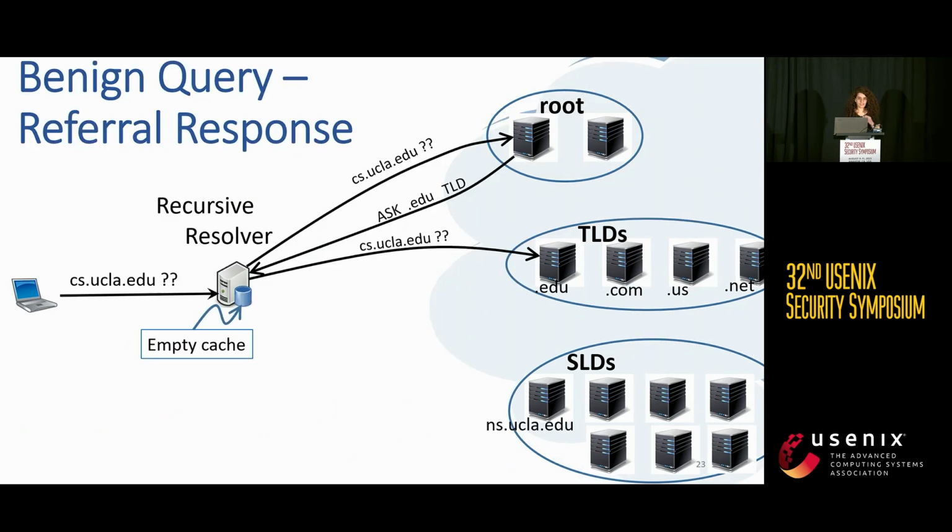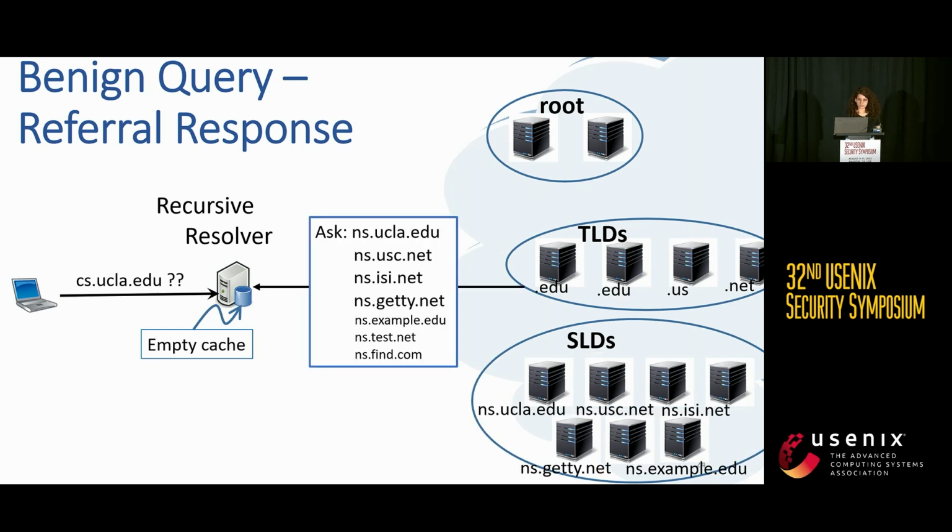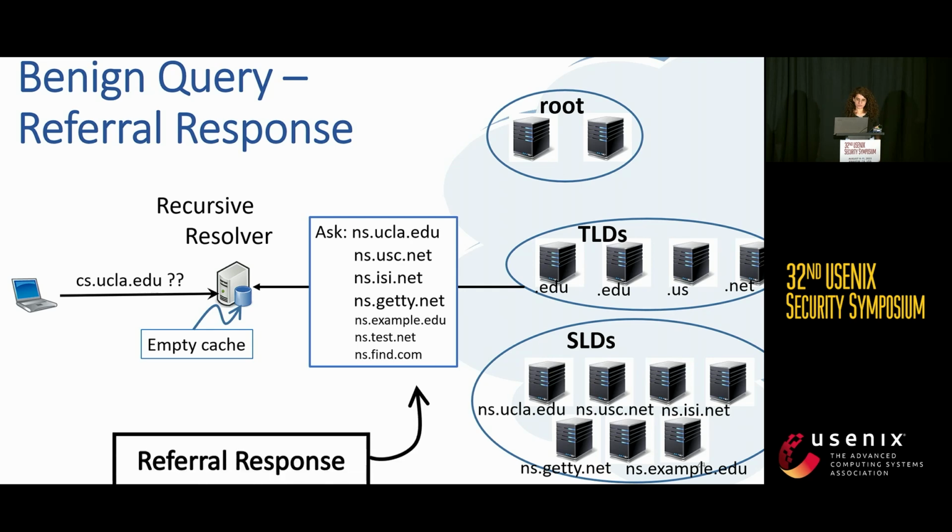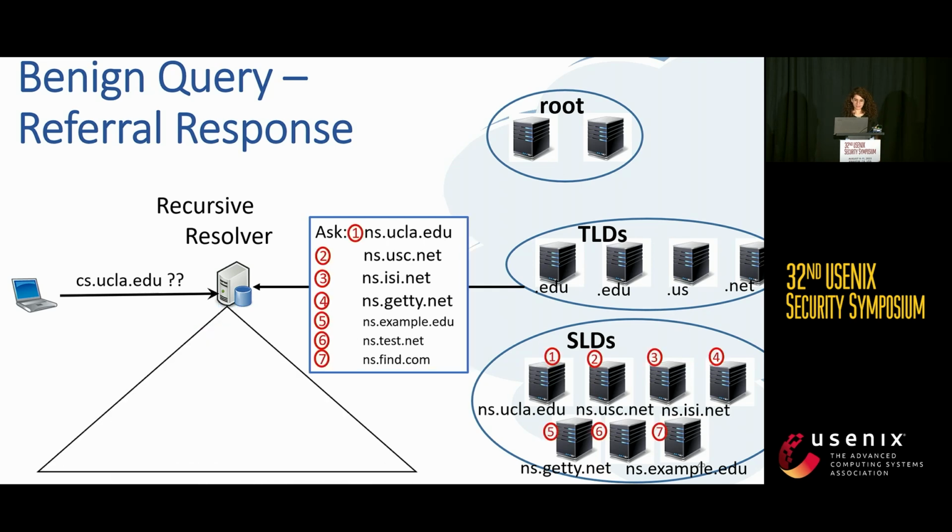Returning to the benign query flow, instead of returning the actual IP address of the EDU server, most of the time the authoritative server will respond with another type of response called the referral list response. The main reason for that is to create high availability and fault tolerance. In our example, we have this referral list with 7 names in it.